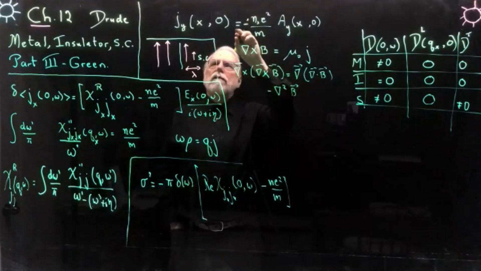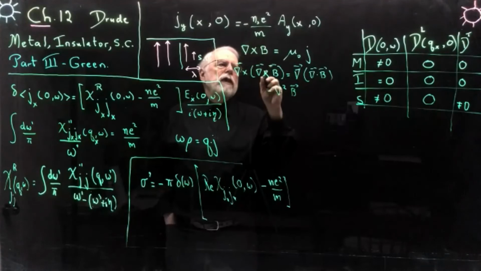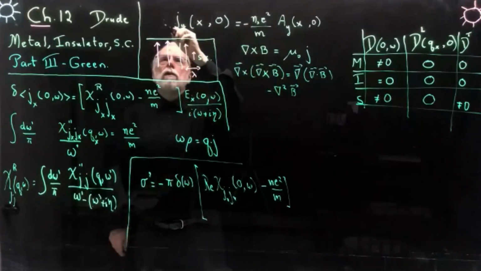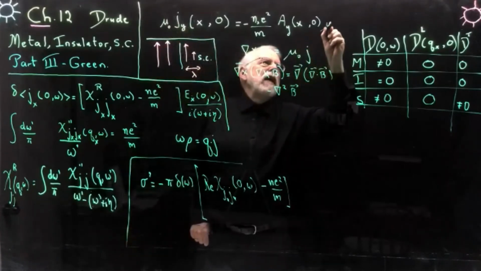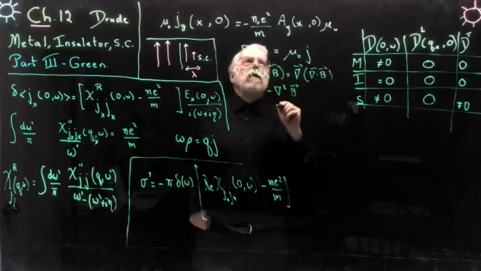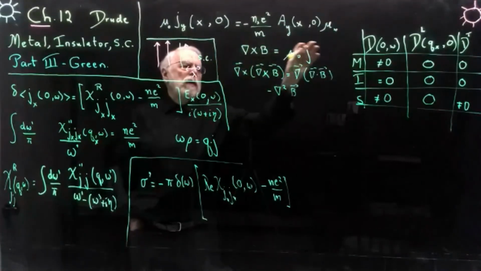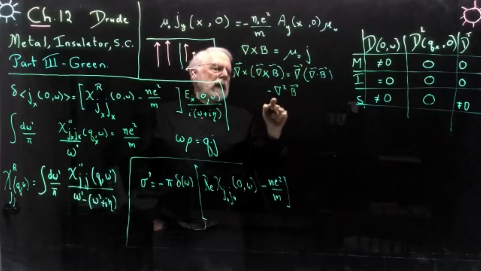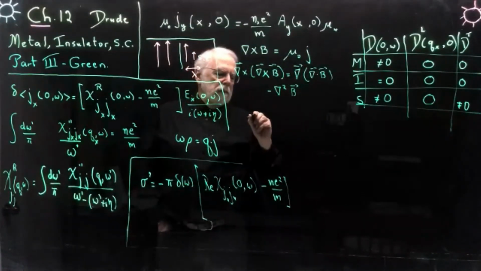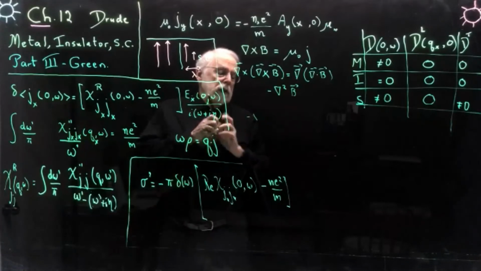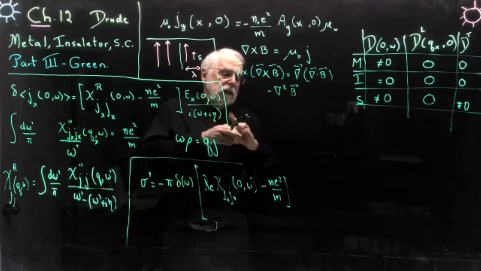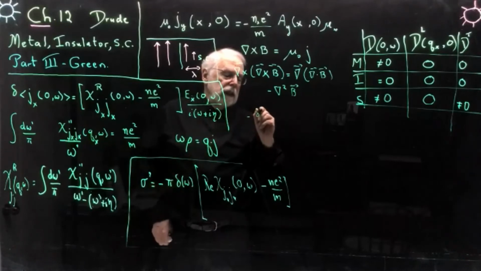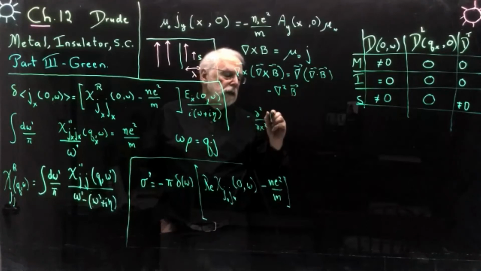So if we multiply by mu 0, the permeability of the vacuum, and take the curl of that equation, you see that I will get minus grad squared, so it's varying along the x direction, so it's d squared dx squared, and B is in the y direction.